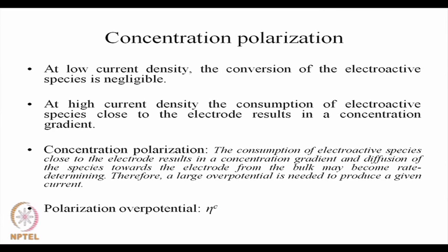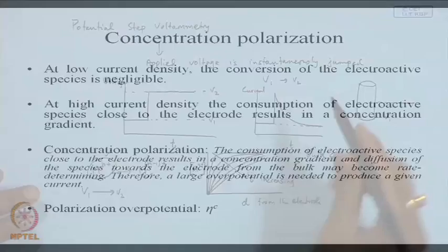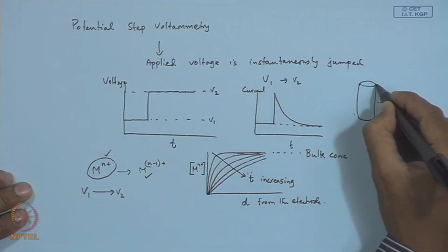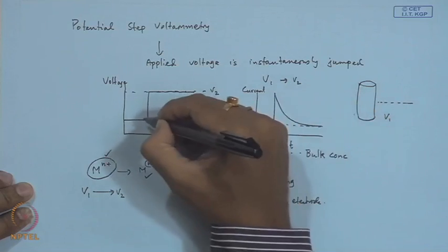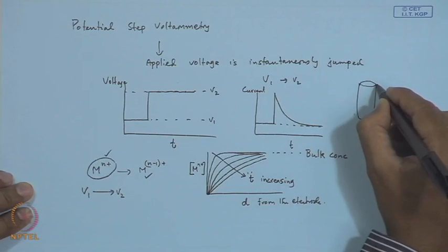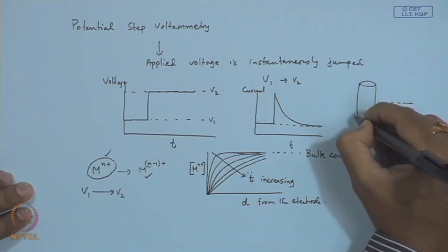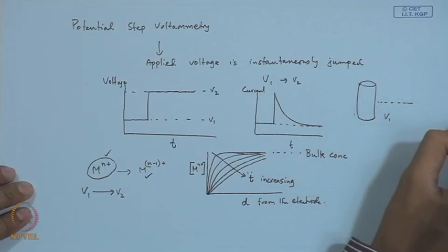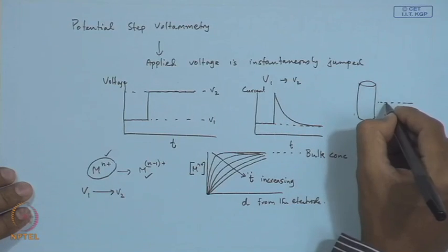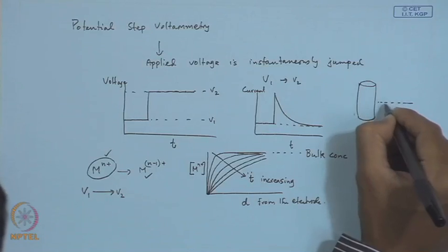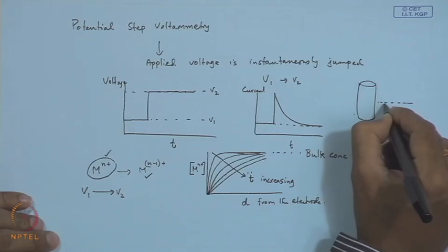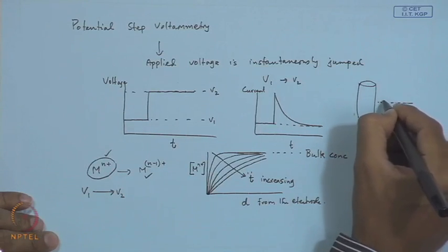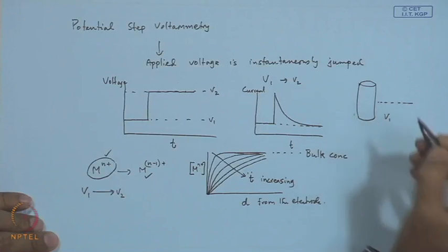As I told you, in potential step voltammetry, at the very start of stepping the voltage, all the ions close to the electrode are consumed, and then it starts to diffuse. It is not that the ions which were at a further position from the electrode will come instantly, it will require some time, and that is diffusion limited.